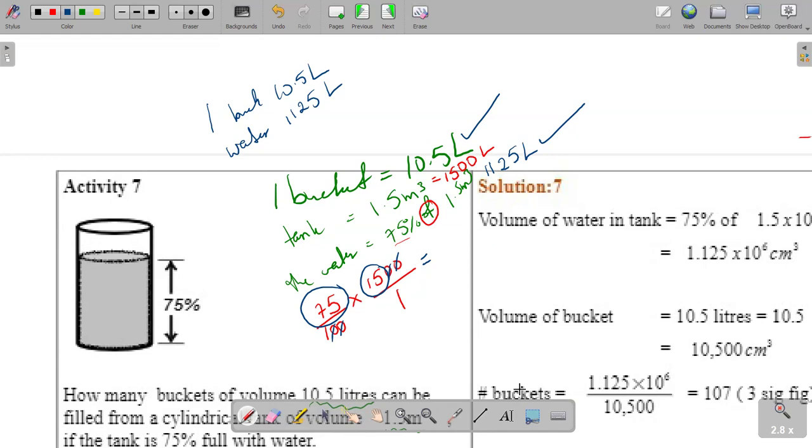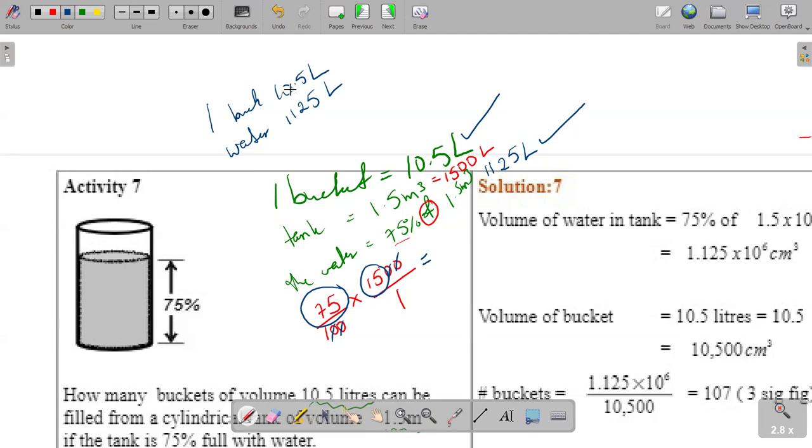So somebody do that for me. How many is that going to give us? How many buckets is that? So 1125 divided by 10.5.